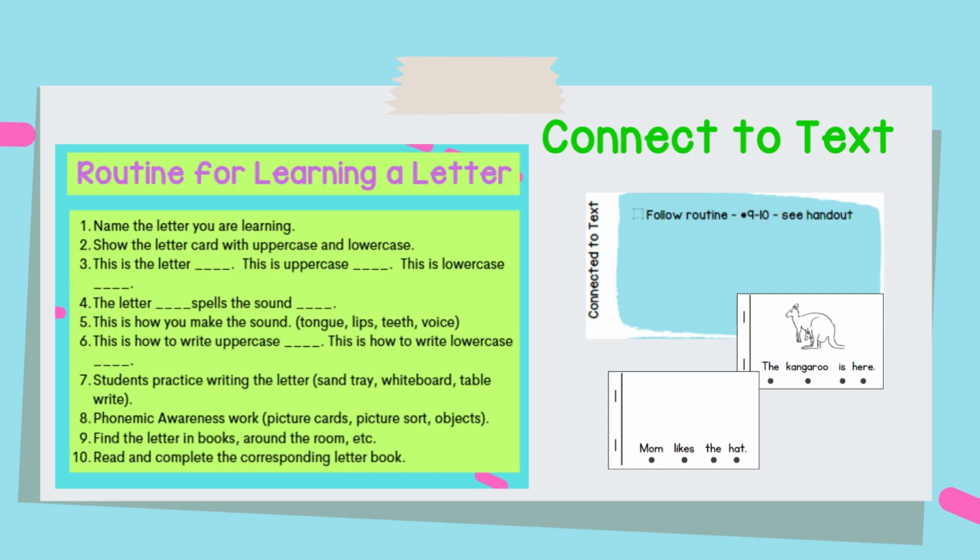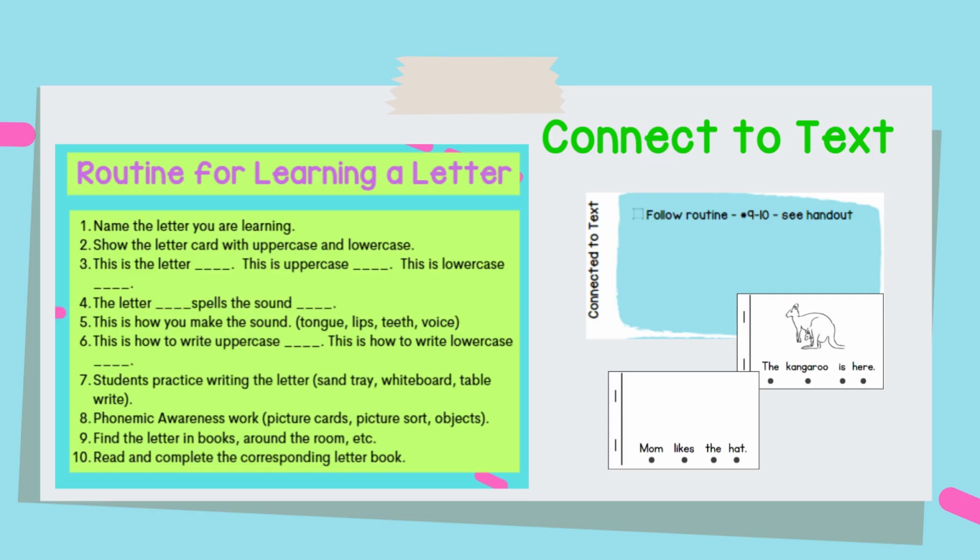And then you're going to go into step 10, which is reading and completing the letter book. Each letter has a book in my curriculum, and the book is very scaffolded with lots of support at the beginning, little dots for finger pointing, for tracking. It has picture support for words that are more complex and students are not expected to be able to decode yet.